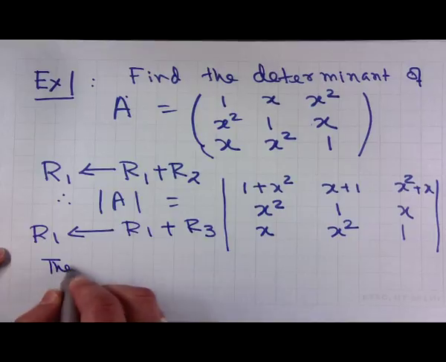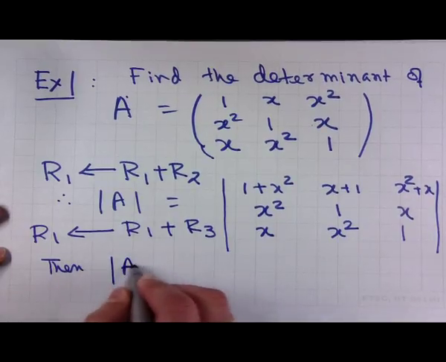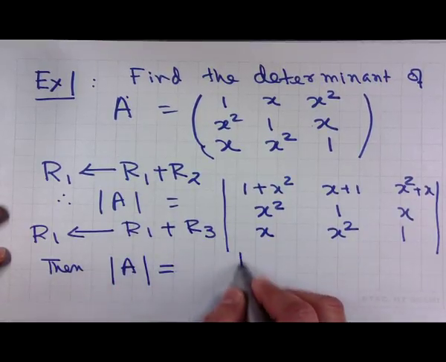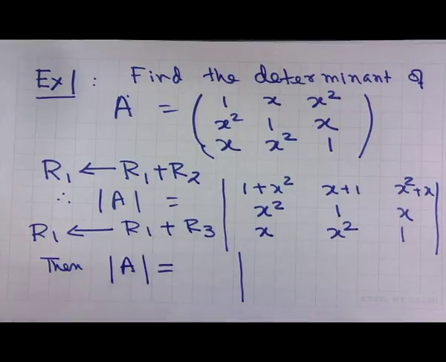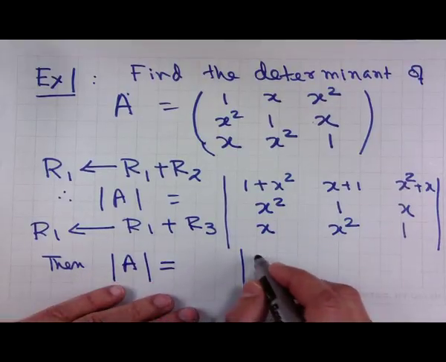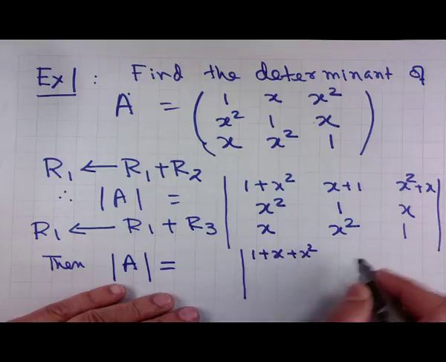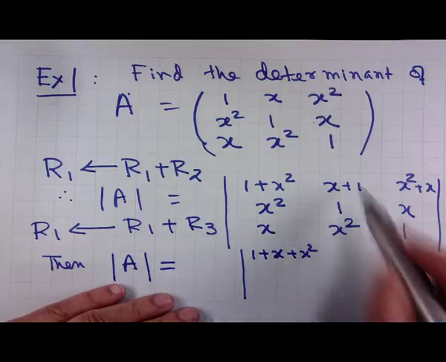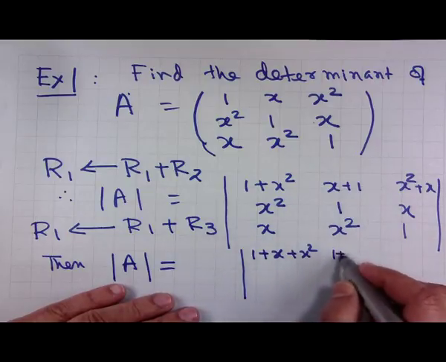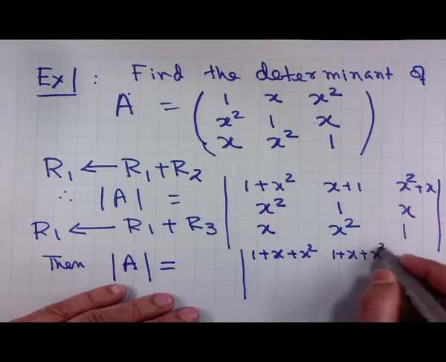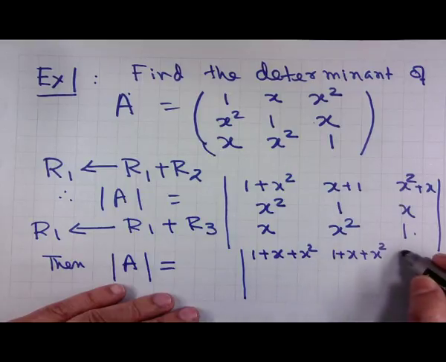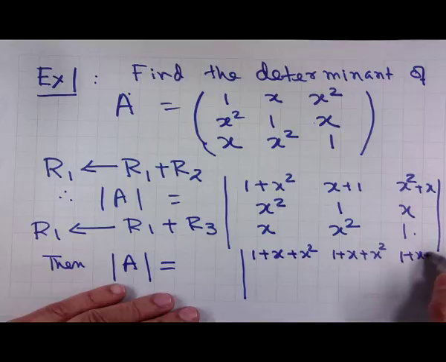Then the determinant of A is equal to the determinant of the matrix with 1 plus x square in every entry of the first row: adding this to this gives 1 plus x square, and adding 1 to this gives 1 plus x square.